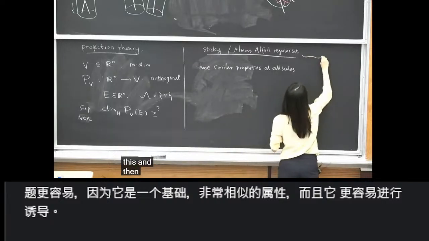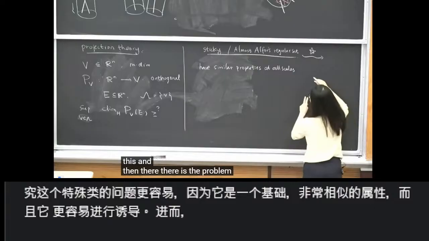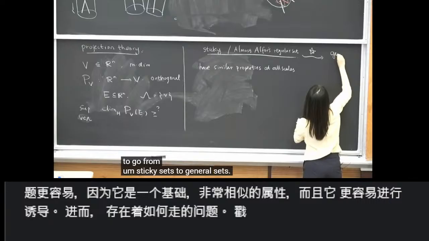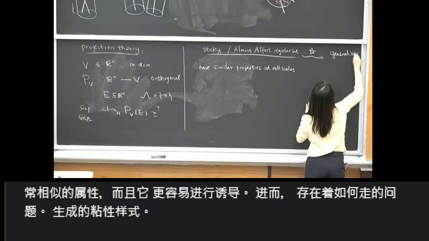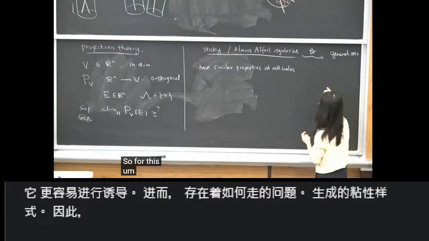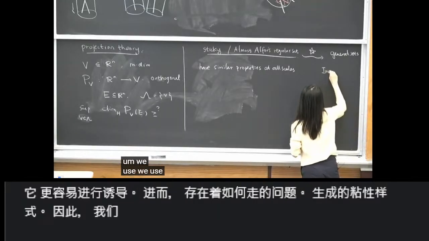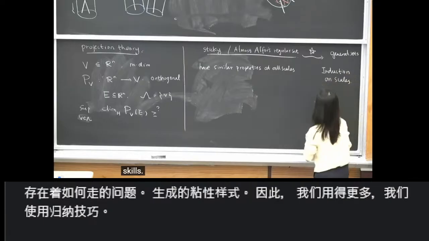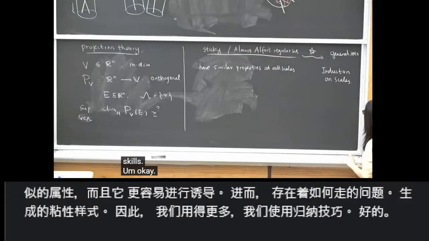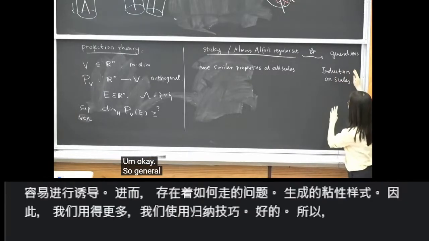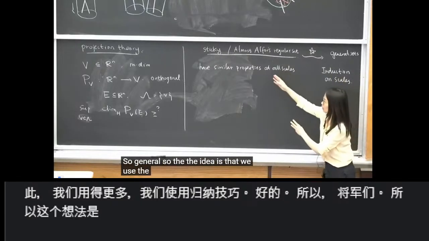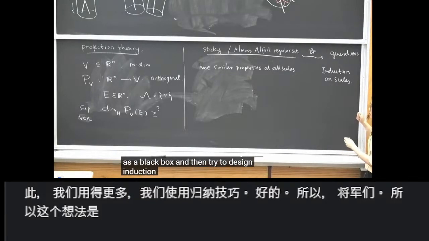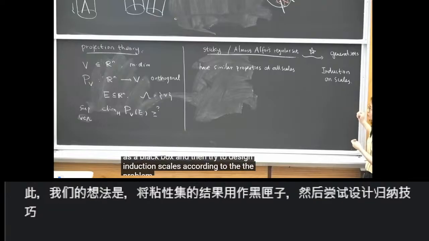And then there is the problem of how to go from sticky sets to general sets. For this, we use induction on scales. The idea is that we use the results about sticky sets as a black box, and then try to design induction on scales according to the problem we want to study.